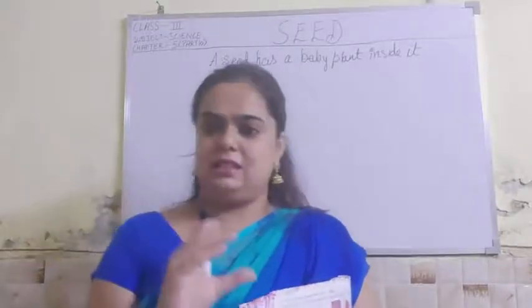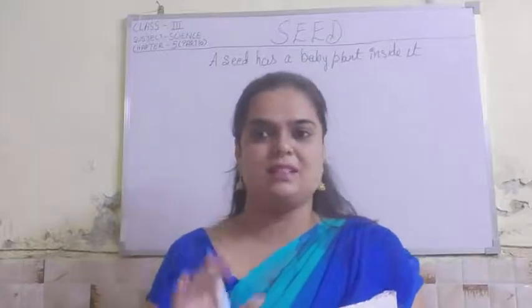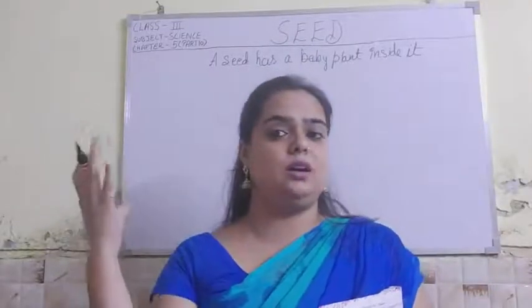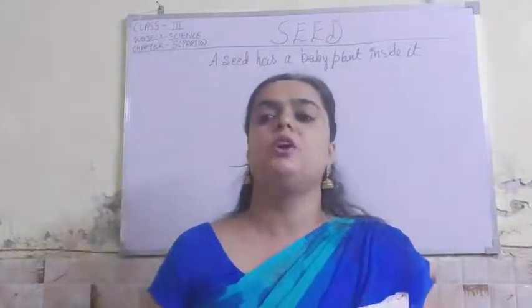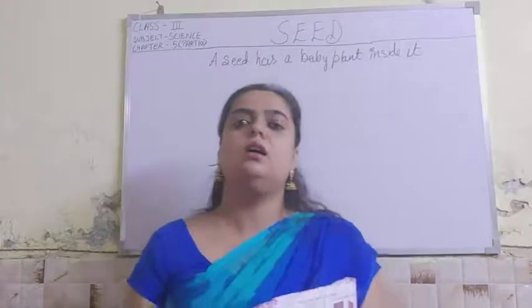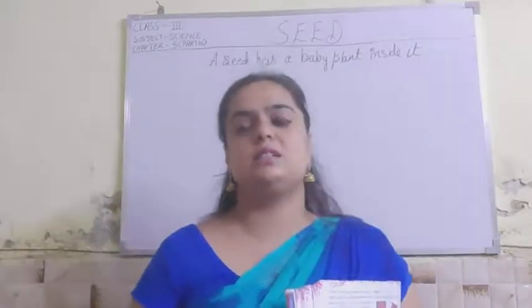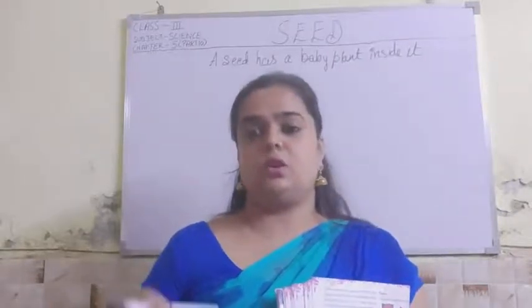Children, a seed develops into a seedling or a baby plant, and then that baby plant grows into a new plant, a big plant. Okay, so a seed has a baby plant inside it, and then we discussed the different structures of the seed.